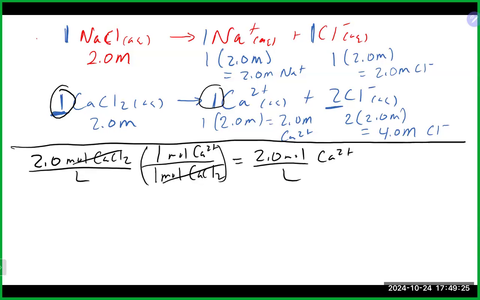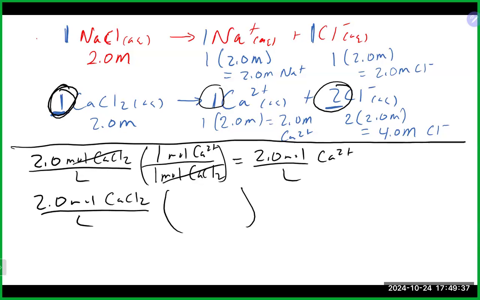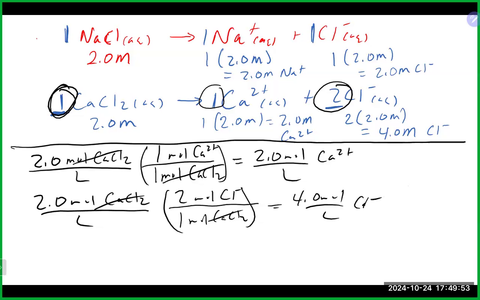If I do that for my chloride, I will have 2 moles of calcium chloride per liter. It is again a 1 mole to 2 mole relationship, like we did in stoichiometry. 1 mole of our calcium chloride gives us 2 moles of chloride ions. They cancel, and that gives us our 4 moles per liter of chloride ions.